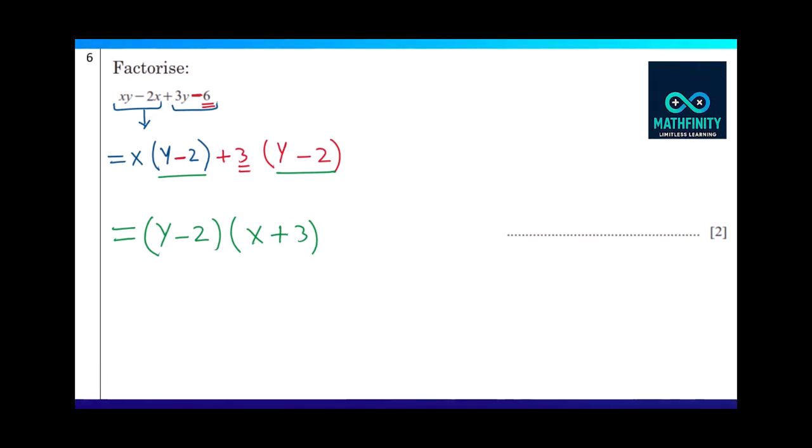And in the answer space, if you write y minus 2 or x plus 3, or you can rearrange the factors, x plus 3 and y minus 2. You can rearrange the factors, it doesn't matter.